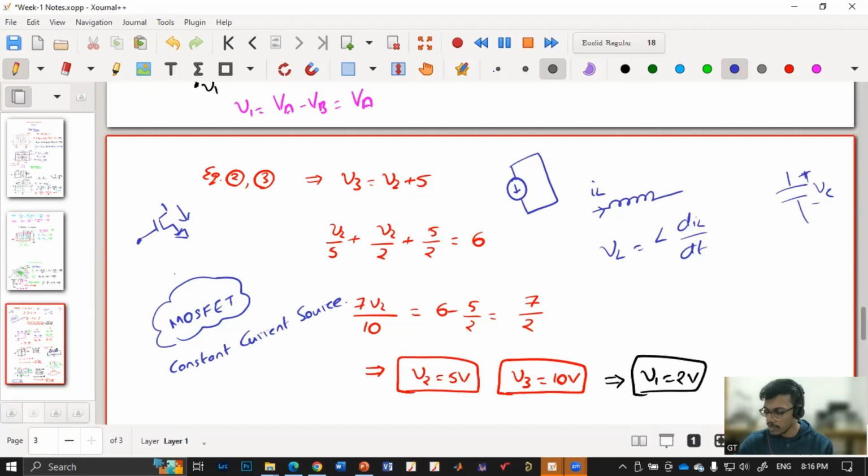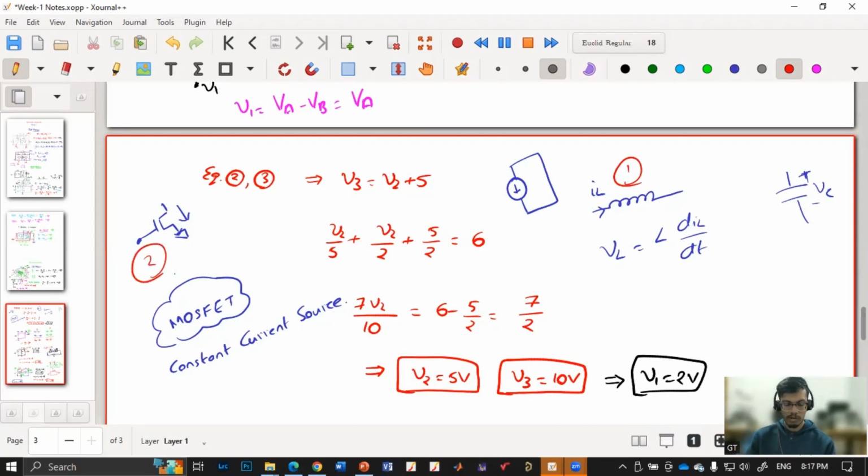But whatever we make in the practical case cannot be shorted. So there are some limitations, but we can mimic and make a current source, not perfectly, but in the realistic sense.